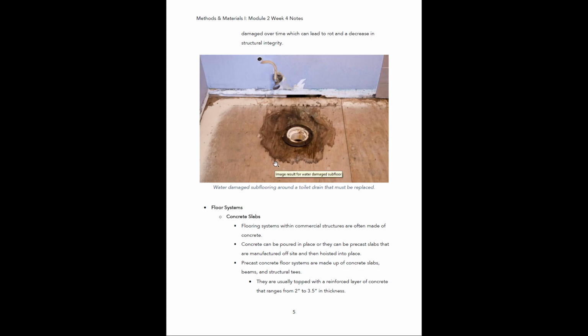So what that's going to do over time is, one, it's not good to be wet, but two, the reason it's not good to be wet is because it's going to lead to rot, and rot leads to a lack of structural integrity, and this flooring material is just going to be brittle and it's not going to be any good, so it needs to be replaced.